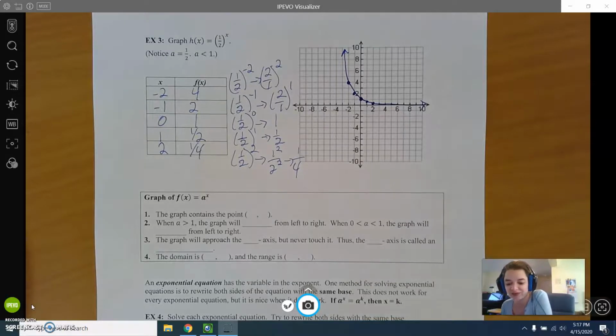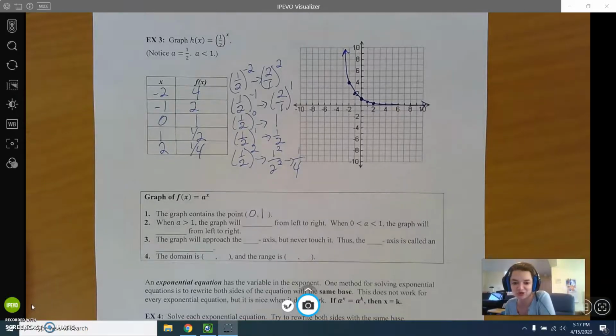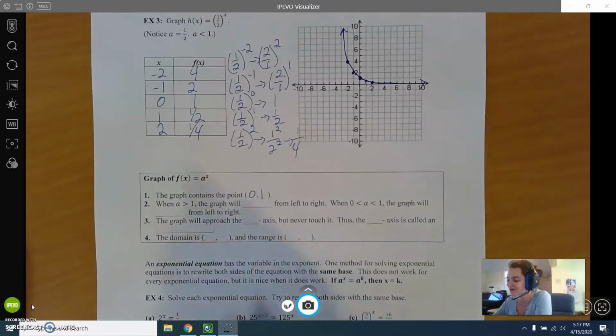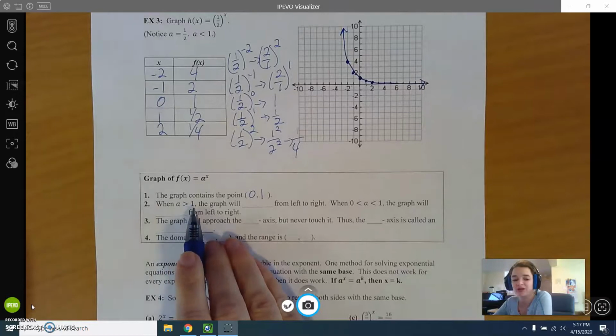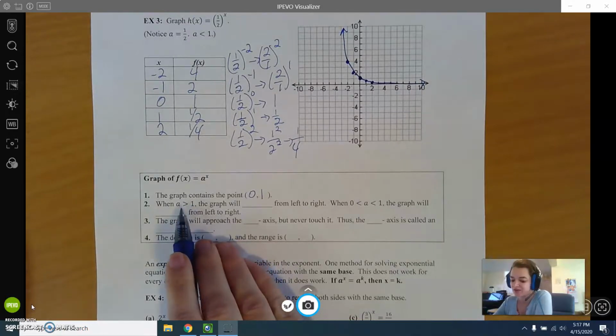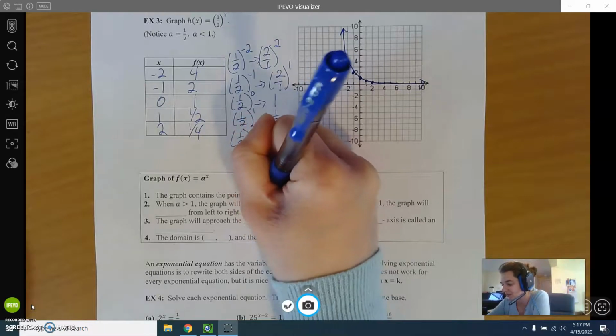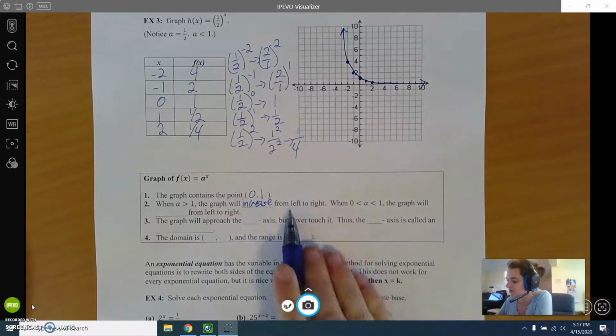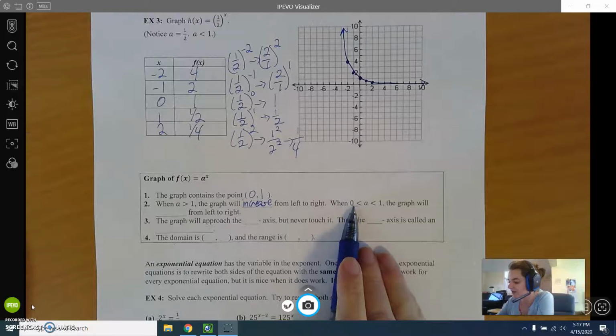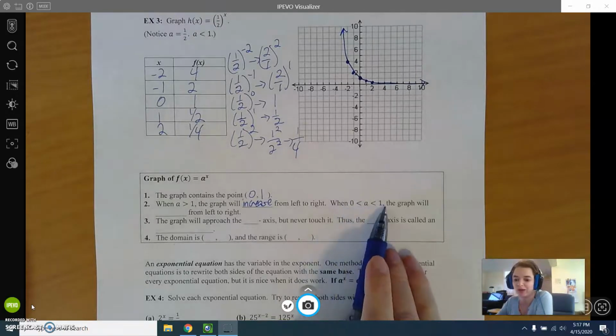If you may notice, every single one of them contains the point (0, 1), because anything to the 0 power is 1, okay? When we have a values that are bigger than 1, the graph is going to increase from left to right. It's going to get bigger. The y values increase. And then when we have an a value that's between 0 and 1, and again, we're not going to deal with negatives because you bounce around and they look kind of silly.